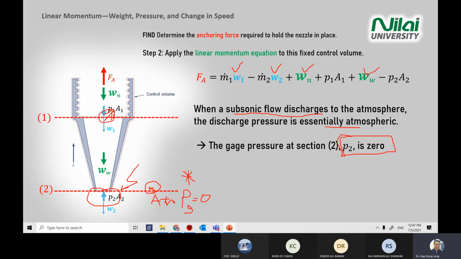We'll purposely ask what is the pressure reading at that particular location, for example, what is the reading of P2? The bonus answer is just 0. You put P2 equals 0, you get full marks for understanding why you can put 0 there, because that area is exposed to atmospheric pressure.